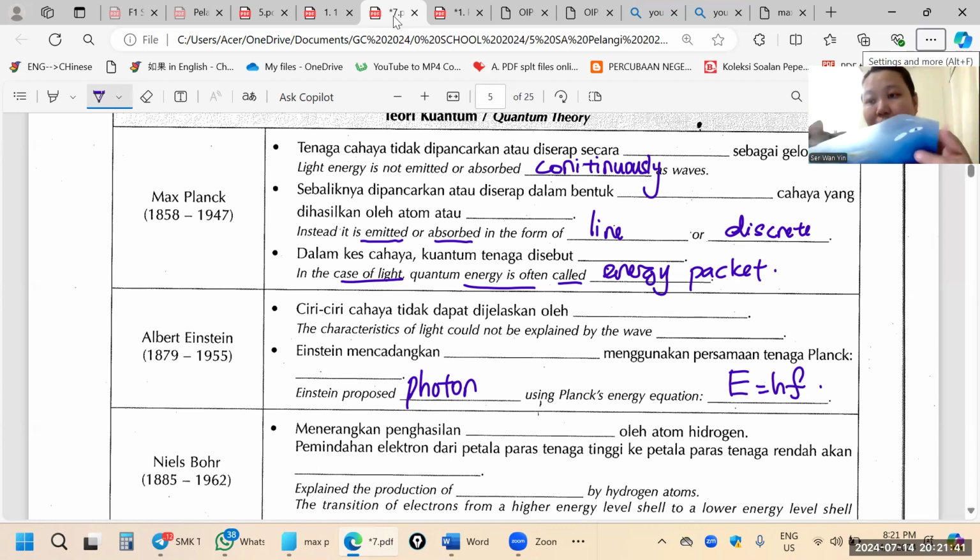So this combination we say is a packet. See my pen. Do you know this is a packet of food? So we call this quantum energy. Quantum, remember that? Not remember, cannot eat. So we say it is a packet of energy.